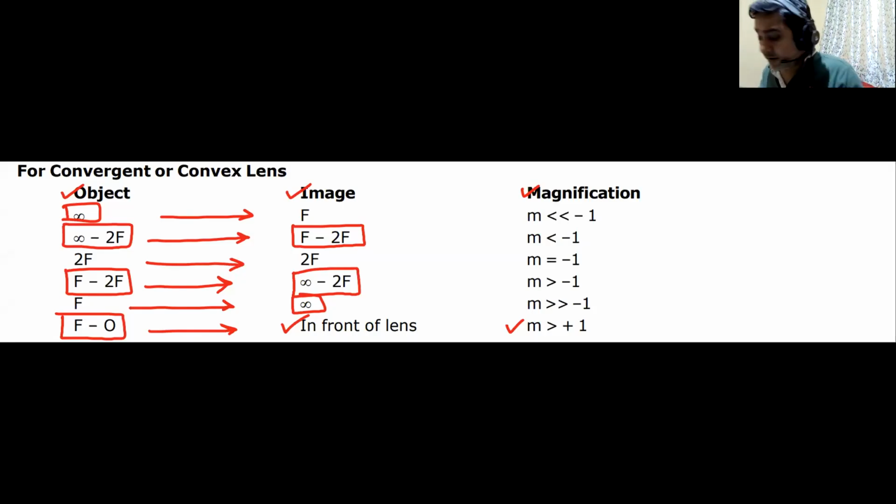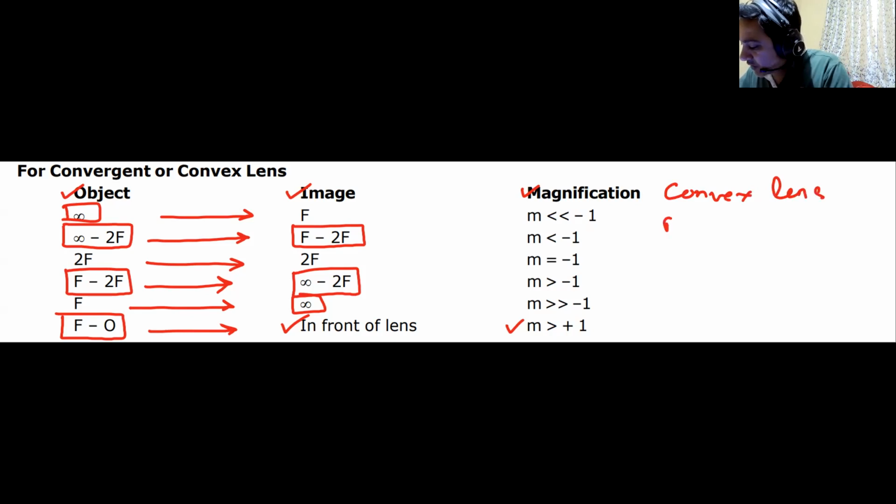Then we move ahead and see one more important point. We have seen the same point in concave mirror. We will see the same point here in the convex lens. A convex lens or a converging lens, what it can do or what it cannot do.